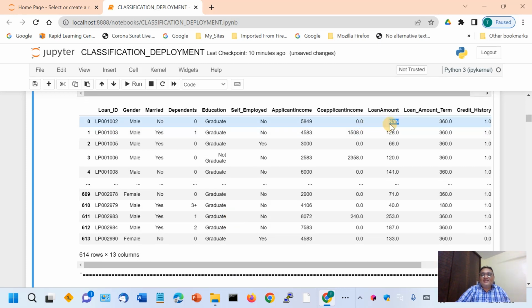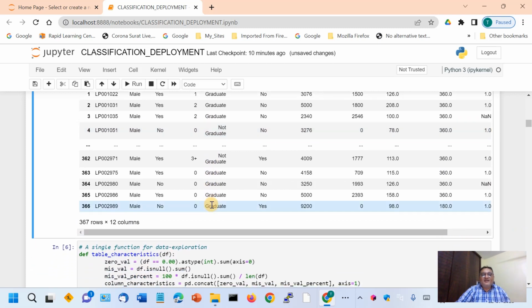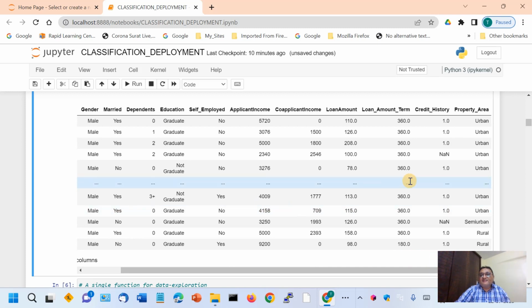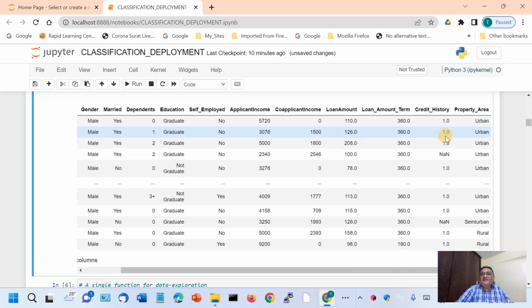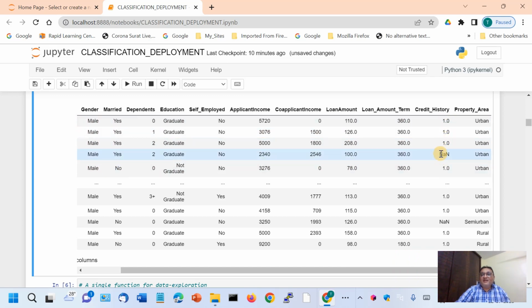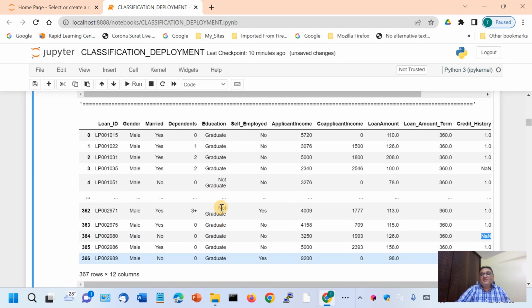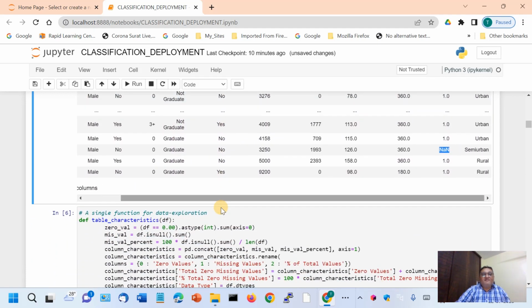So there are null values, and therefore some treatment of that will be required. Similarly, in the test data set also somewhere there might be, yes, there is a null value here. Okay, so in this observation, this loan ID, credit history is either available or not available, but one person has just left it blank. Similarly, this person has also left it blank. So then you have to do some treatment of those null values.